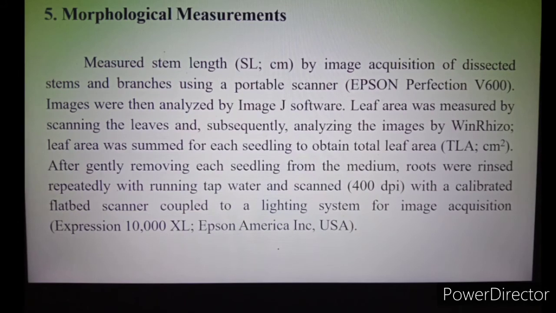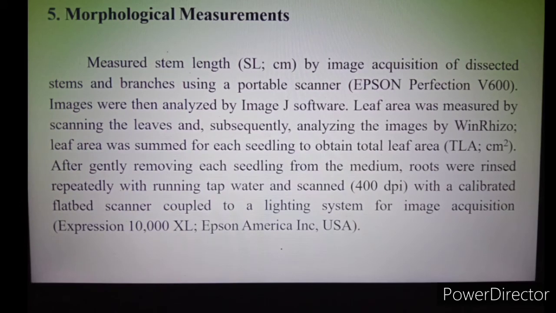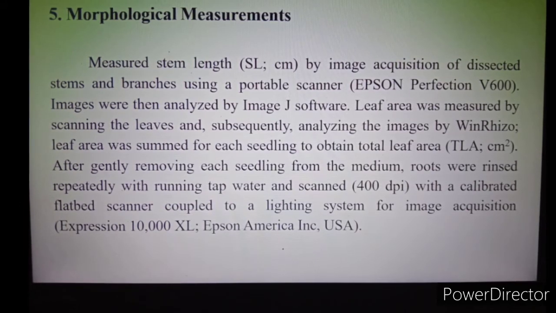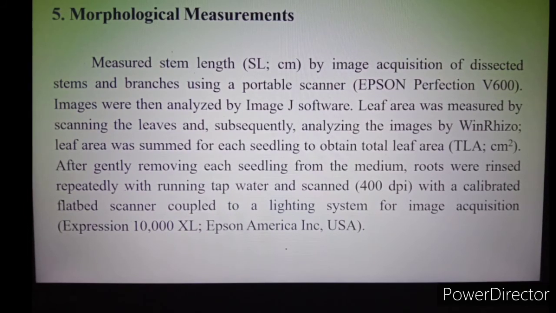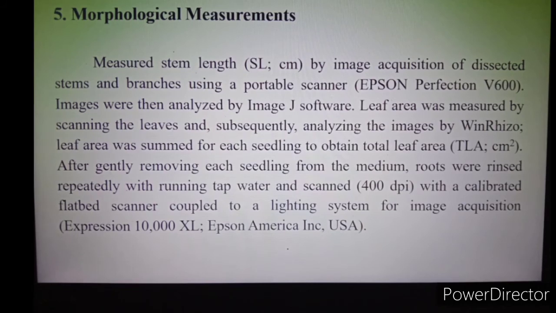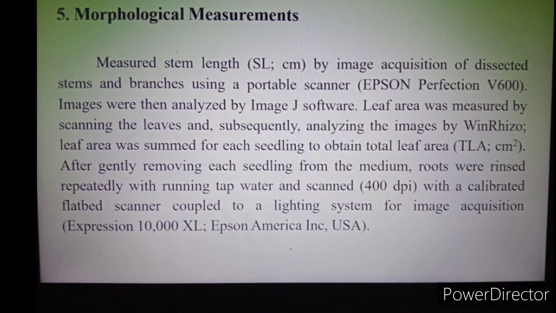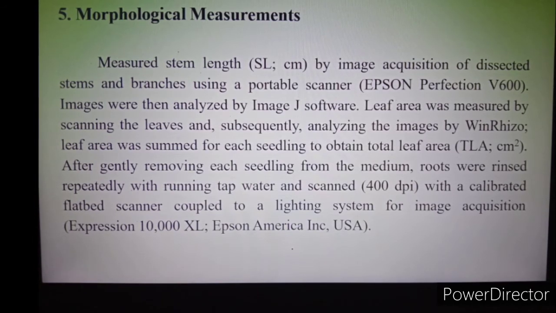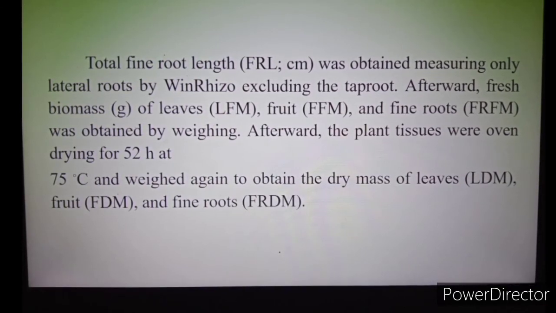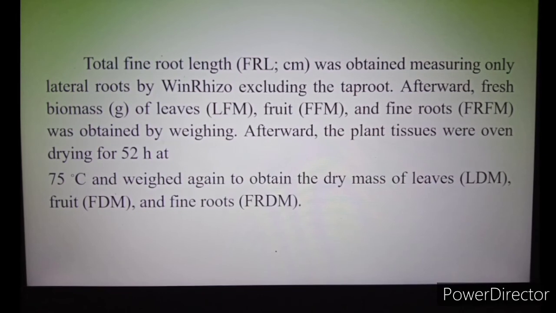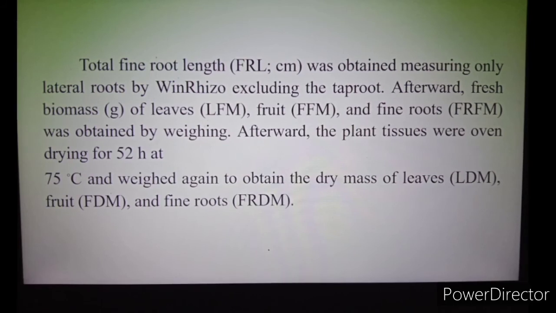After gently removing each seedling from the medium, roots were rinsed repeatedly with running tap water and scanned at 400 dpi with a calibrated flatbed scanner coupled to a lighting system for image acquisition, Expression 10000 XL, Epson America Incorporated, USA. Total fine root length was measured in centimeters, obtained by measuring only lateral roots by WinRHIZO, excluding the taproot.